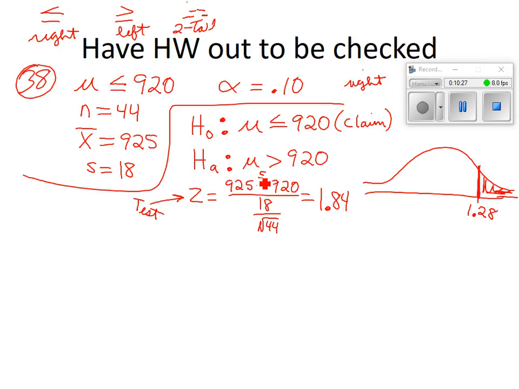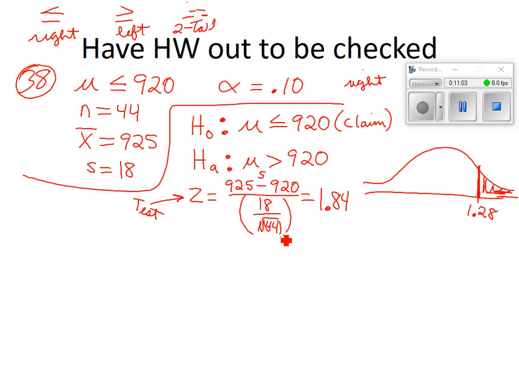On my old calculator I have to use two sets of parentheses: divided by parenthesis 18, then divided by the second square root 44, closing the parenthesis for the square root, and then closing the other parenthesis for the whole bottom.